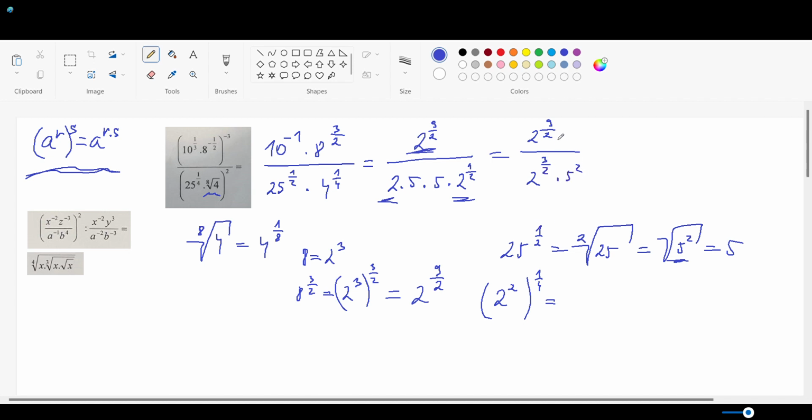As you can see, we have the same basis here, and again there is a formula which says a to the power of r over a to the power of s is equal to a to the power of r take away s.